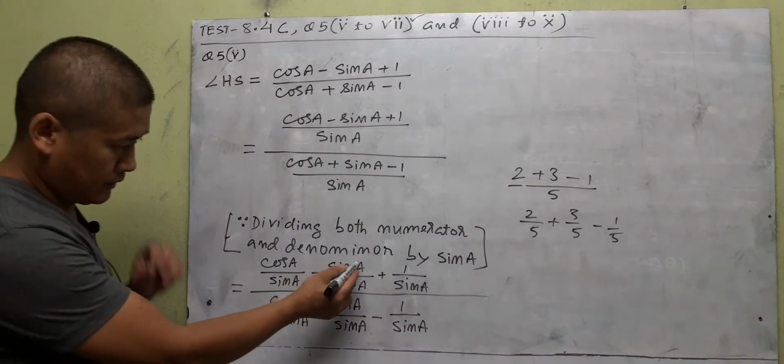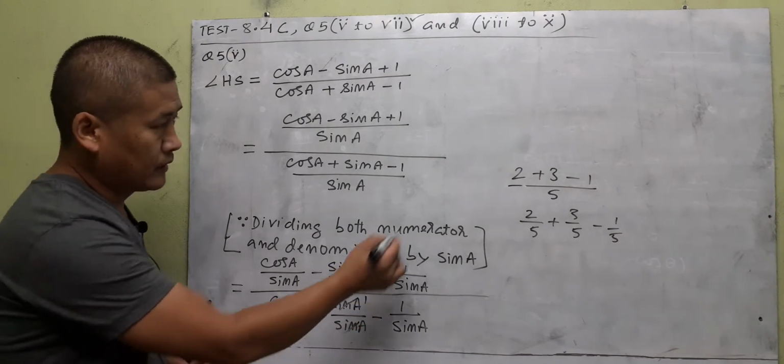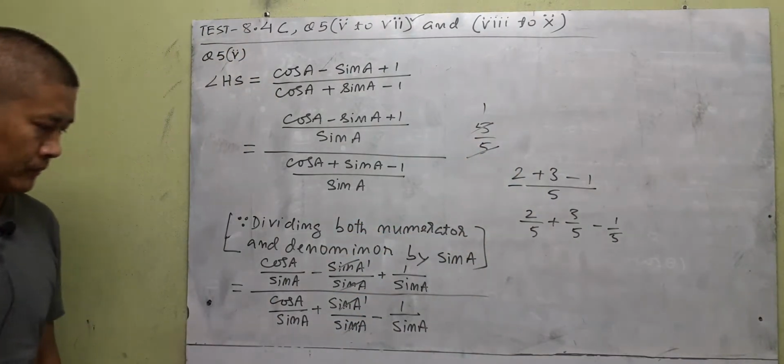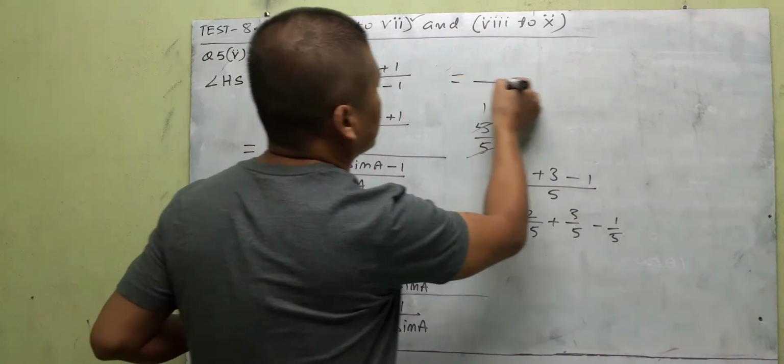Then we can see here, these 2 will cancel and leave 1. These 2 will cancel and leave 1, because if a number is divided by itself, it always leaves 1, isn't it? Then here cos A by sin A, we know. Put a long line first again.